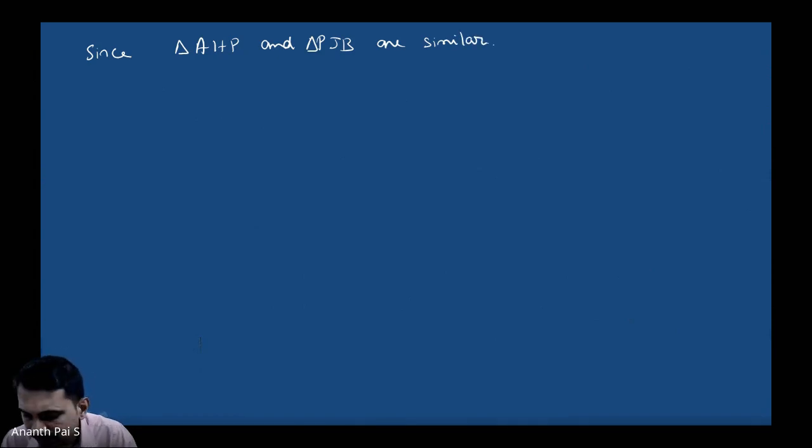Since triangles AHP and PJB are similar, we have AH by PJ, see where AH and PJ lie, is equal to PH by BJ, that is equal to AP by PB.